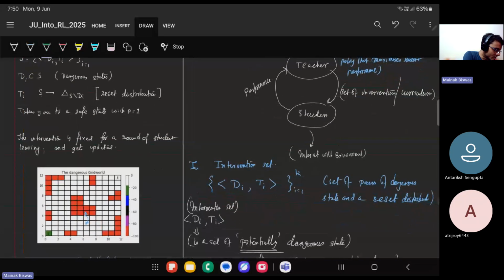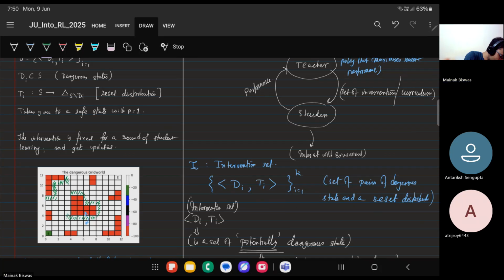So basically, a good teacher will have an intervention set like this. It's a good intuition to have at the end. When I did this project, I found out a good teacher had this intervention set around these dangerous states, so that the student never goes to these states, never goes to a state where it is likely to go to a dangerous state.